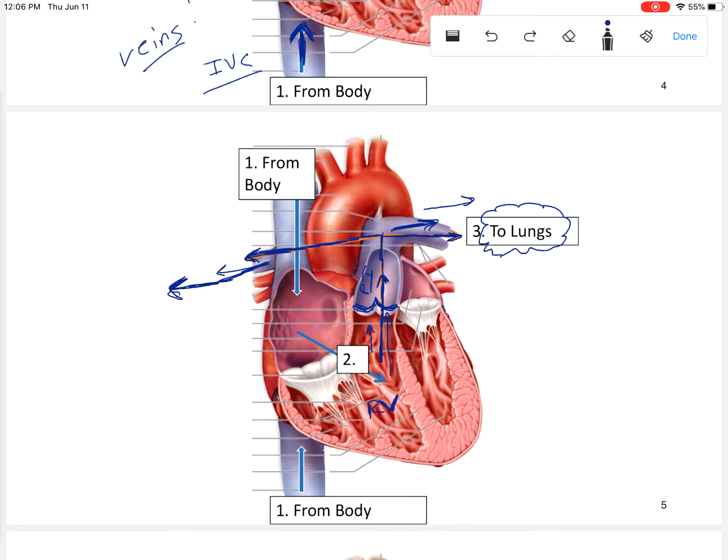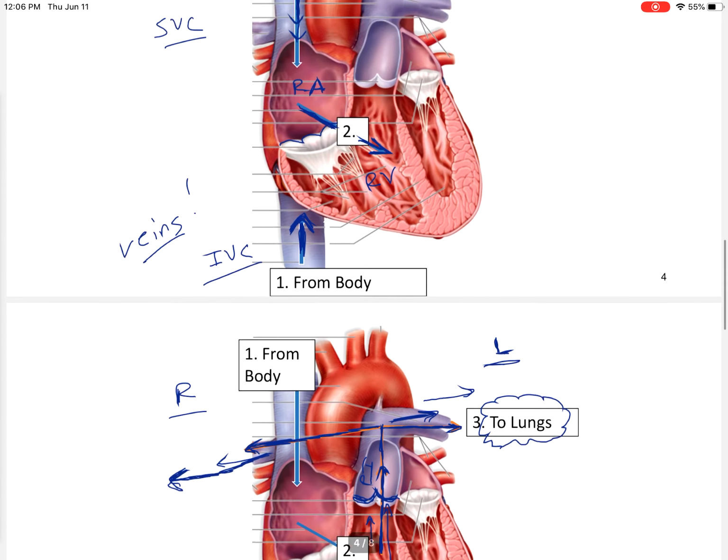And the reason why the pulmonary arteries carry deoxygenated blood is because that blood hasn't yet gotten to the lungs to pick up oxygen. Make sure also that we remember that this is the right side of the heart and this is the left side of the heart, because we label things as what they would be on the person, not how we view them looking at them.